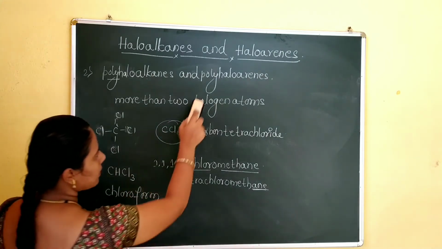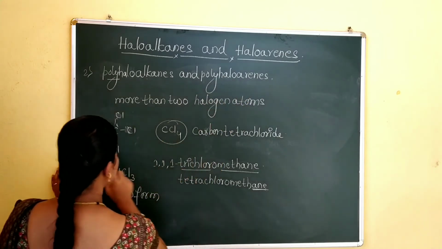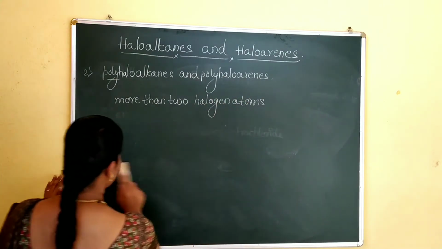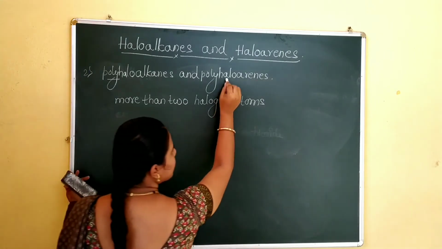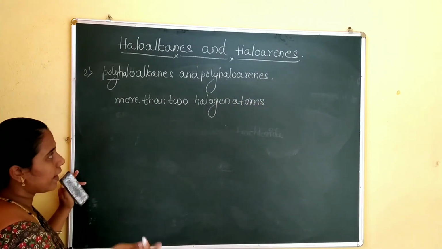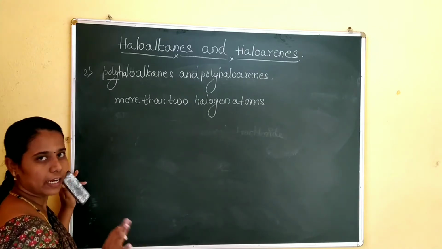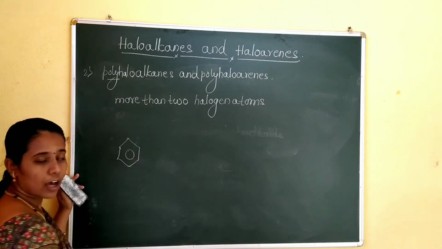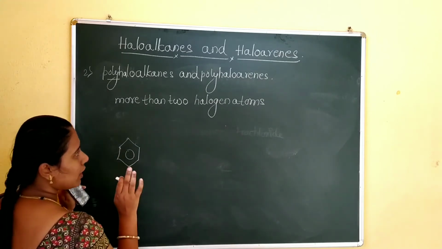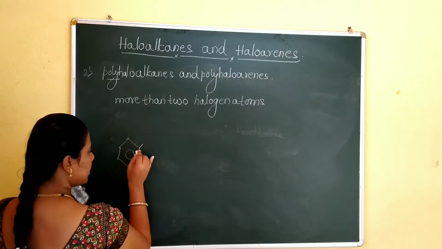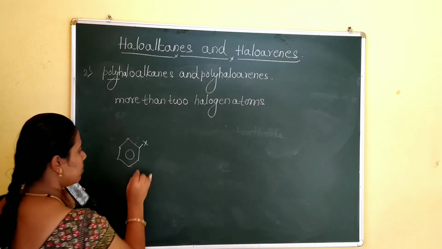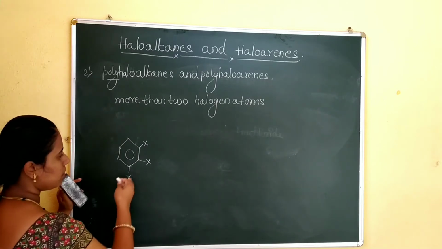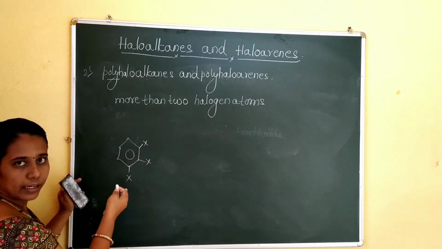And the next example is for polyhaloarenes. See here, haloarenes are the halogen derivatives of aromatic hydrocarbons. Aromatic hydrocarbons means benzene is an aromatic hydrocarbon. In polyhaloarenes, one hydrogen atom is replaced by one halogen atom, then one more hydrogen atom, and one more hydrogen atom, then it becomes a trihaloarene.